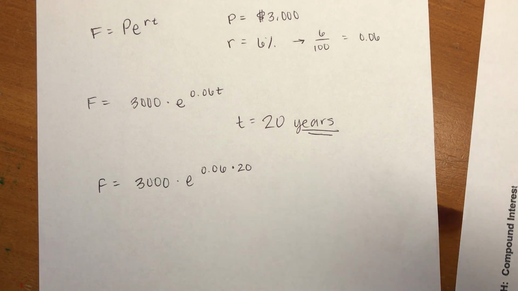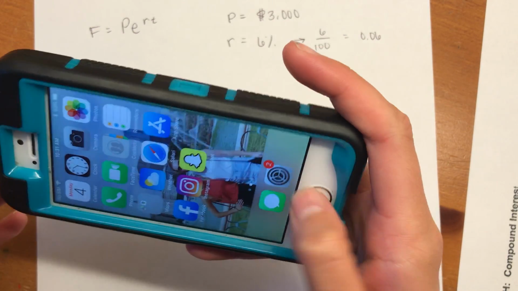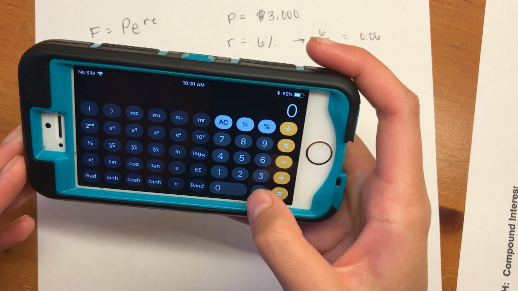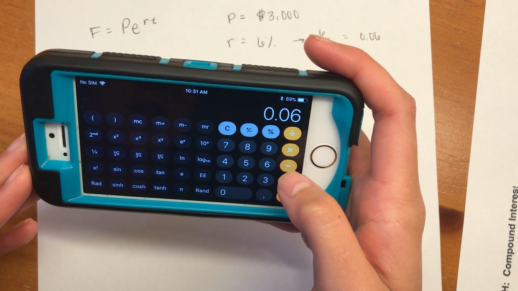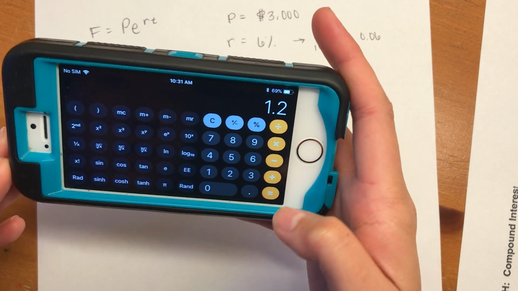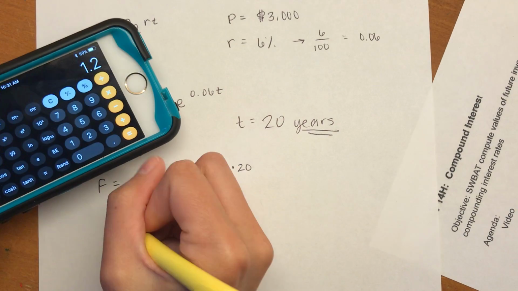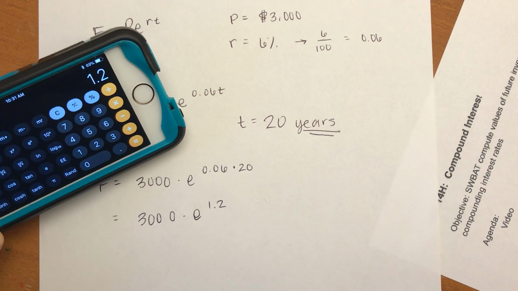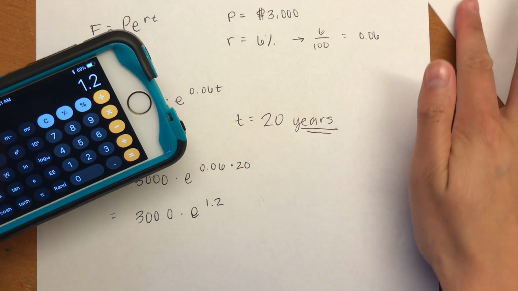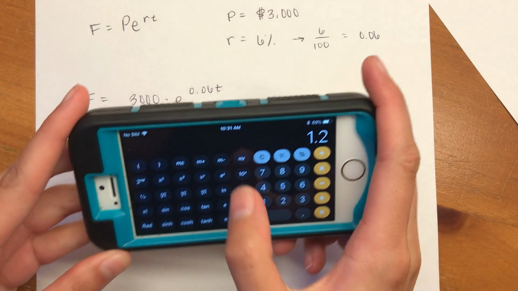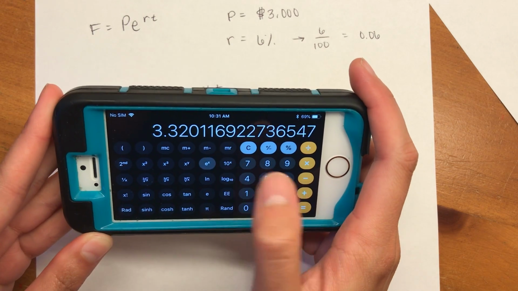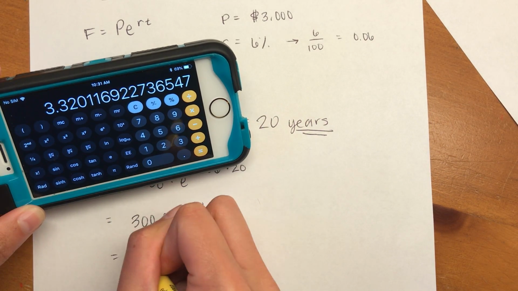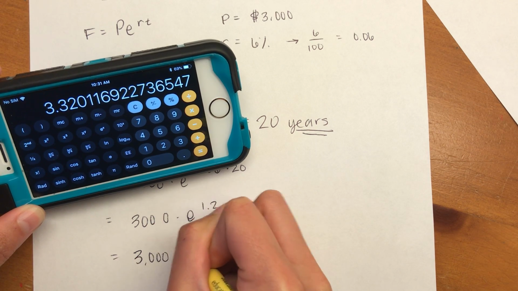Okay, so I'm going to take out my calculator, and I'm going to do 0.06 times 20 is 1.2. So I have 3,000 times e to the 1.2. I'm going to hit my e to the x button, and I get 3.32.